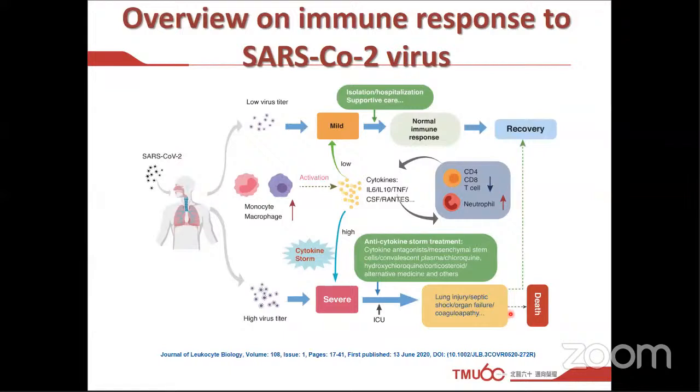Now we are going to use this slide to show that some people have no symptoms after infection, while some people develop severe disease symptoms. Due to a low titer or affinity of the virus, or a weaker virus, they develop a milder immune response. They keep all the cytokine release and the number of leukocytes under check, and they will recover.